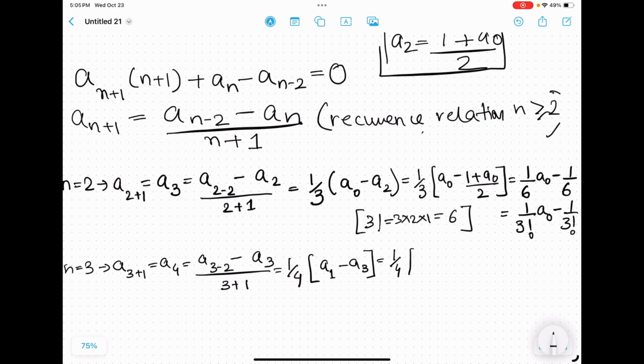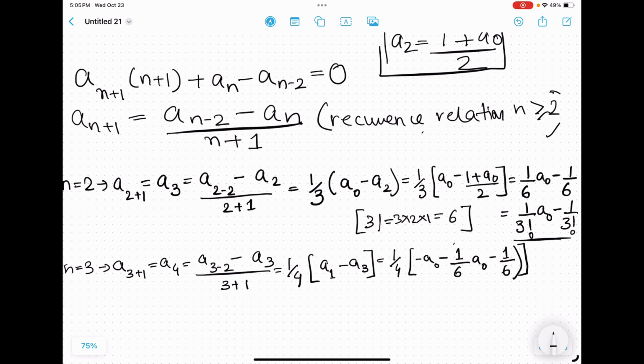Again, we know a sub 1 is negative a sub 0, so I'm just plugging in those values, and a sub 3 is the one right here, so I can write 1 by 6 a sub 0 minus 1 by 6.